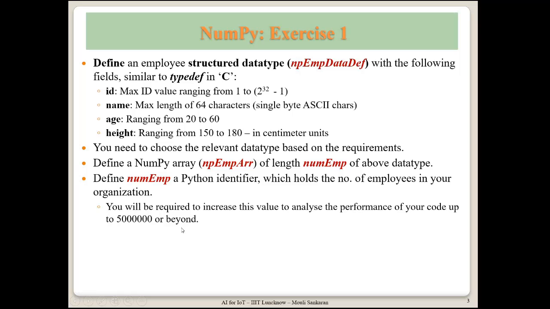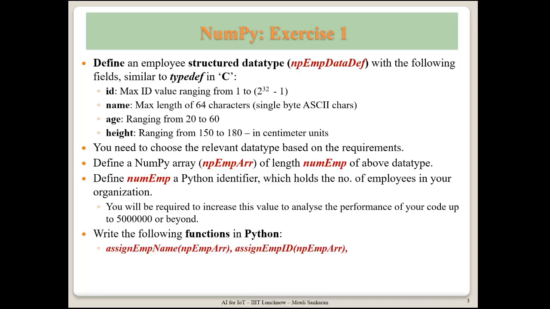Don't worry about optimizing this value. You have to optimize only the array because that is going to hold data of all the employees. But here I'm going to create one integer object to hold the total number of employees in the organization, so you can use a Python integer variable for that.